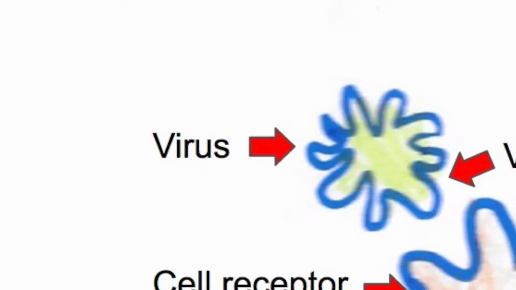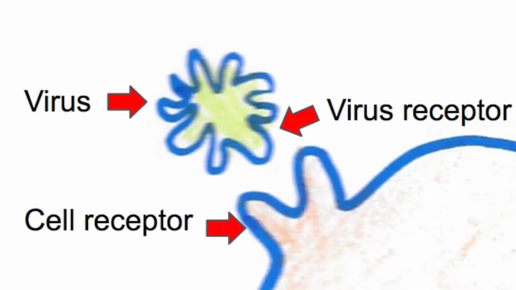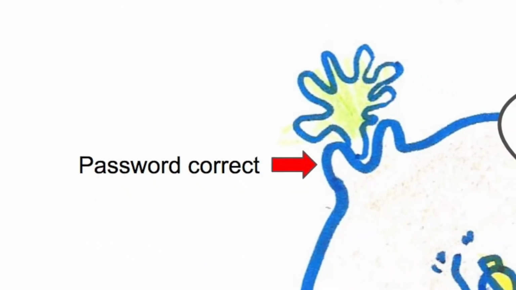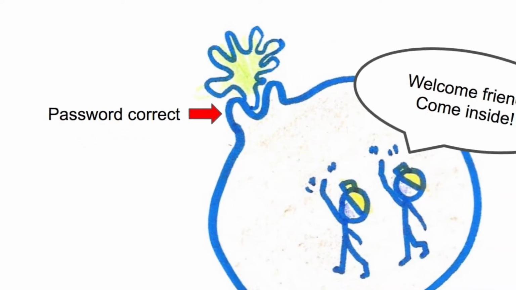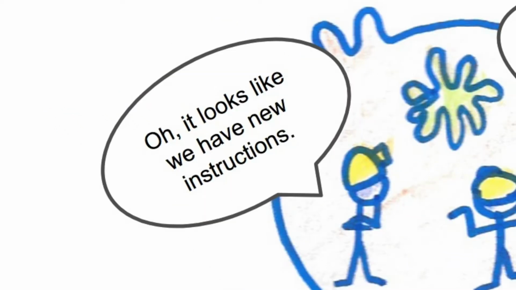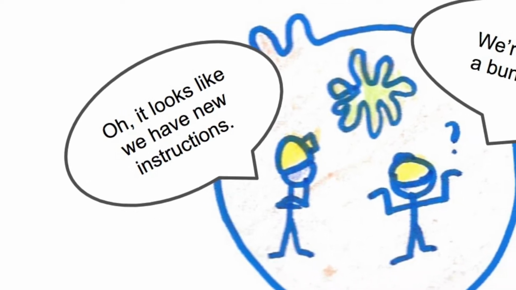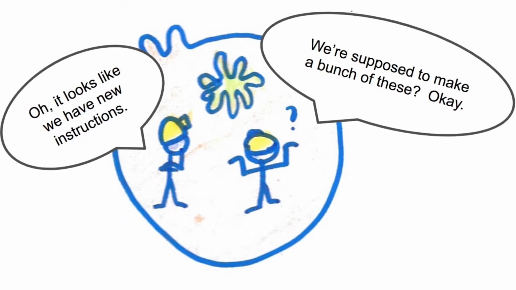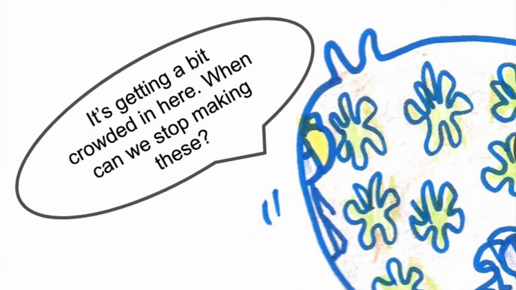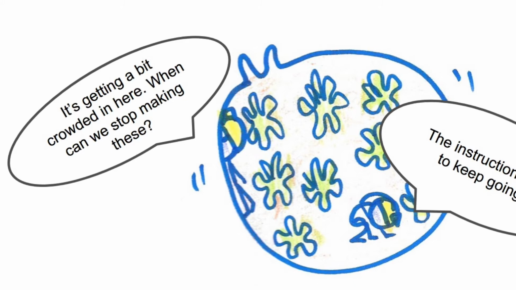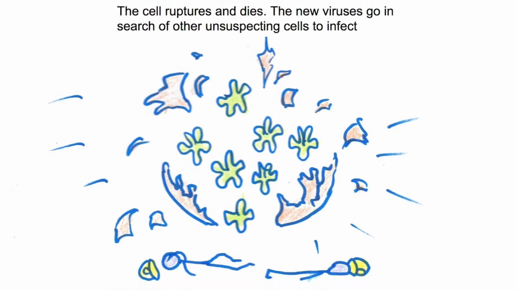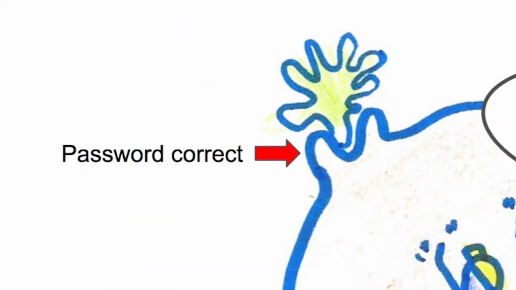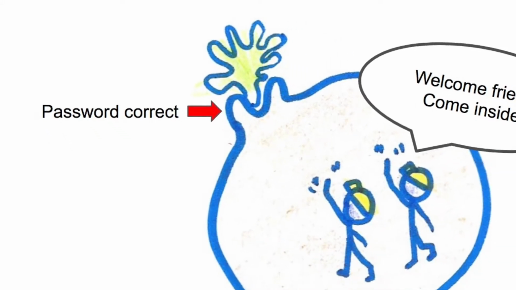The outside of the virus envelope has receptors, and when that receptor binds to a host cell receptor, it's like giving the correct password, and the cell thinks that the instructions from the virus are approved by the body, so it follows the instructions to make more viruses. In many cases, it continues making them until the cell is so full that it bursts. That kills the cell and releases more of the viruses into the body, and then they play the same trick on other unsuspecting cells.